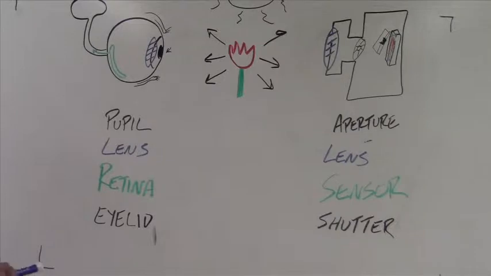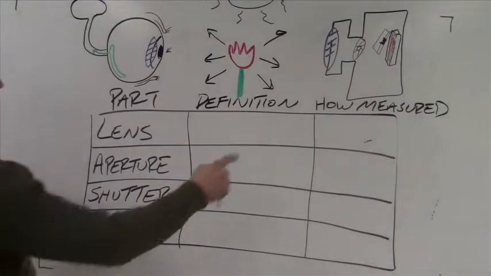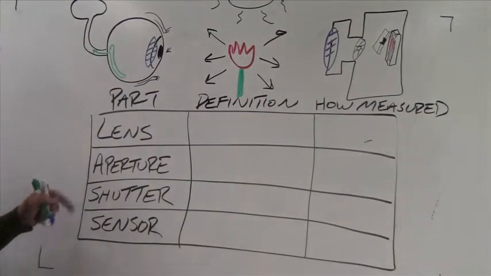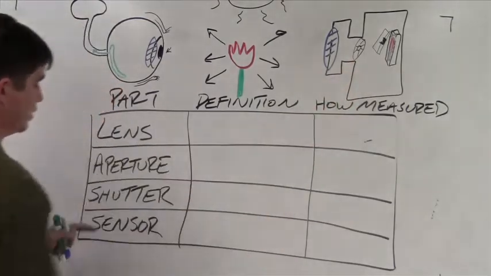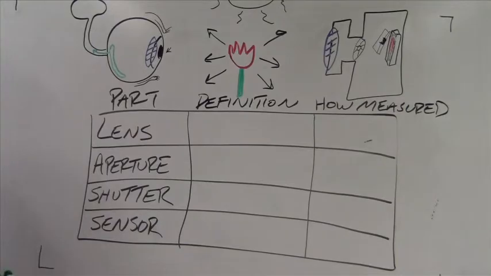Okay? Let's put some more meaning behind these terms. Here we have the four basic parts of a digital camera that we've outlined. Okay? We identified the lens, the aperture, the shutter, and the sensor.